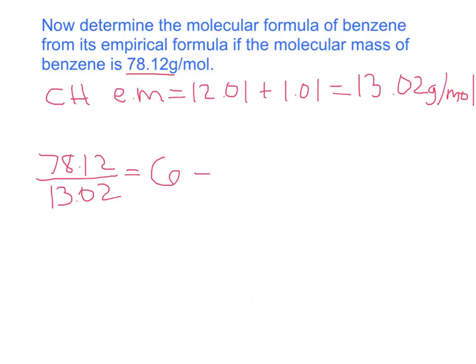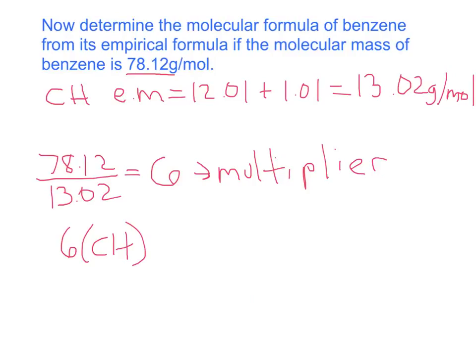If it wasn't a whole number, it either rounds to a whole number if it's close. So if we have 6, it becomes C6H6. So we're taking 6 times CH, kind of algebraic, and we're just going to distribute that through. There is our molecular formula.